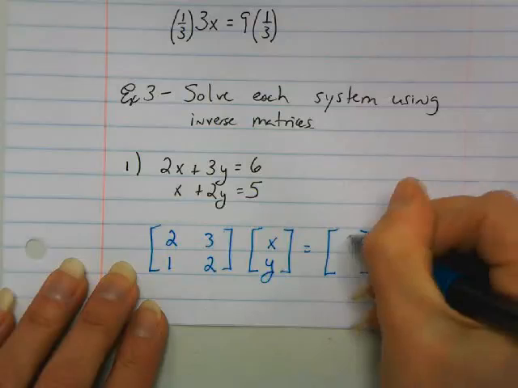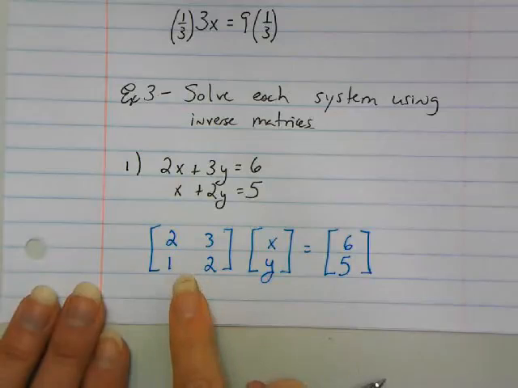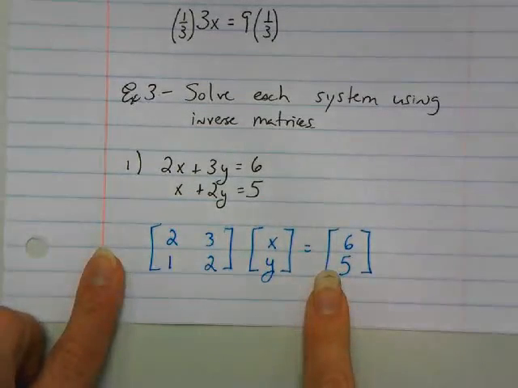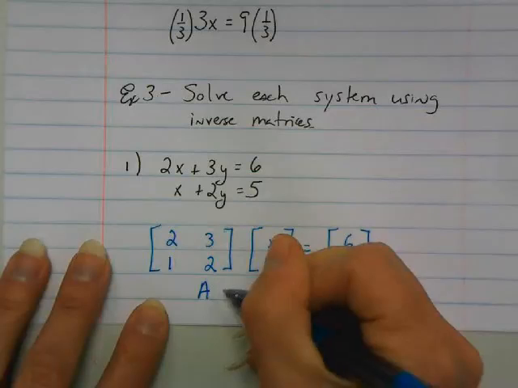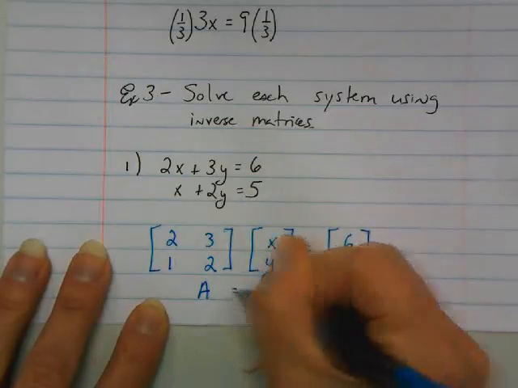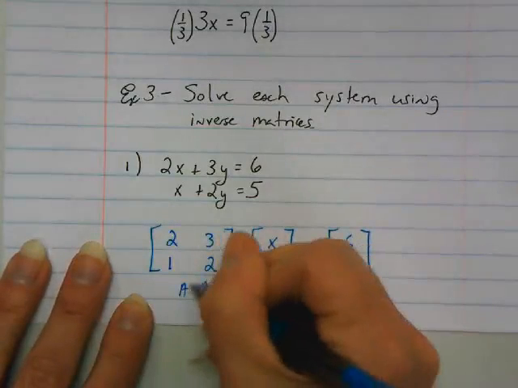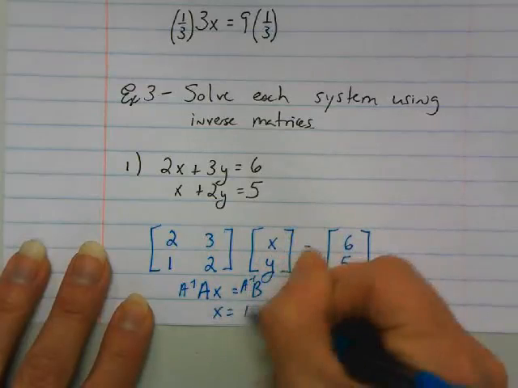Now what I'm going to have you do is find the inverse matrix of this one, because then I multiply both sides by that inverse matrix, right? So if this is A and this is B, and I'm trying to find x, if I multiply both sides by its inverse, I get x is equal to the inverse times B. That's really what I'm doing.